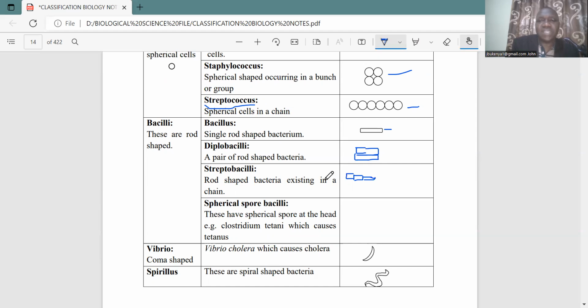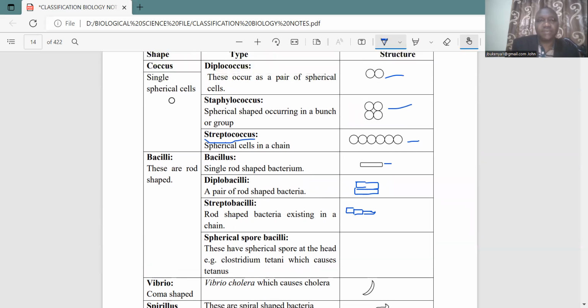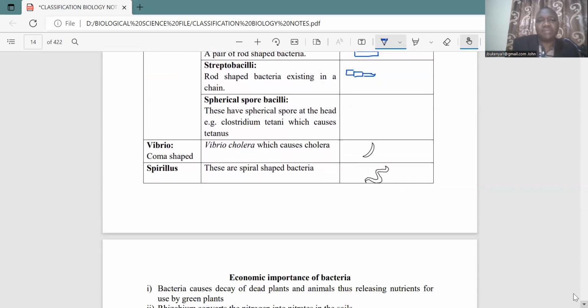So the names will be the same, but what changes is the suffix. For rod-shaped bacteria, the suffix is bacilli, as in Streptobacilli. Up there for spherical shaped cells, we called it Streptococcus and Diplococcus. So like that, we use the shape of the bacterial cells to name them.